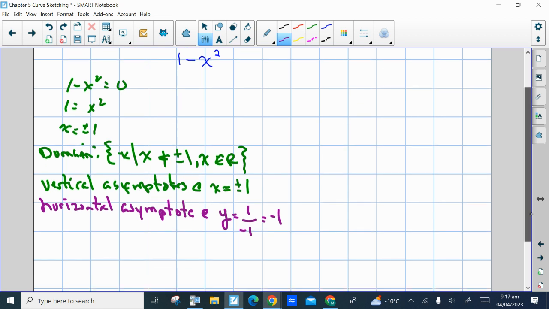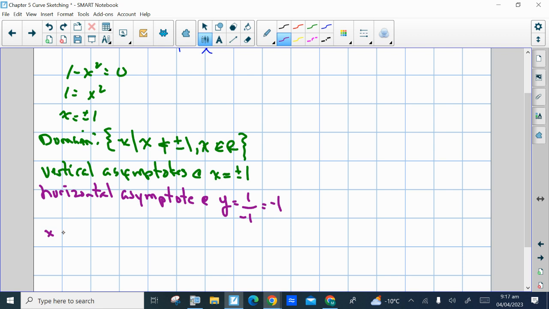All right, our x-intercept is where y equals 0, and because we have a rational function, that will equal 0 when the numerator equals 0.